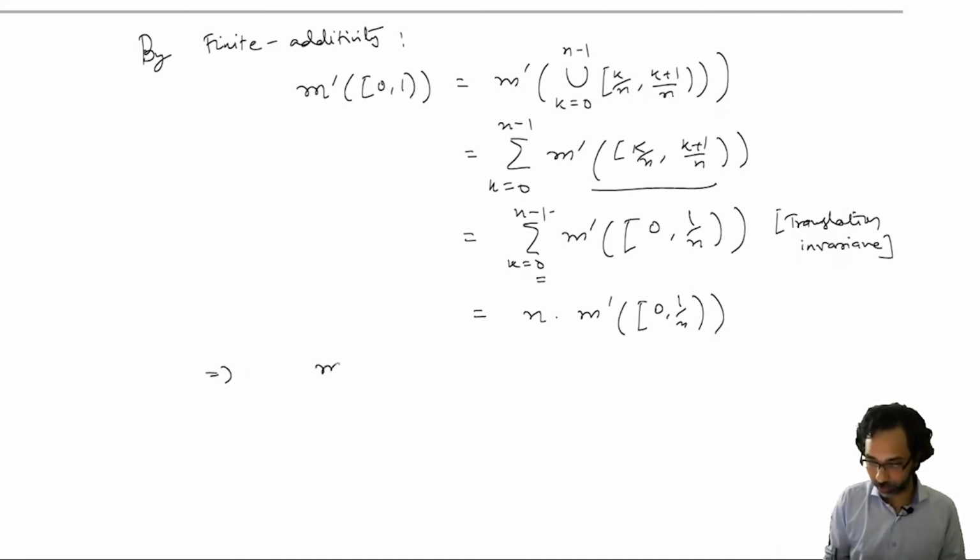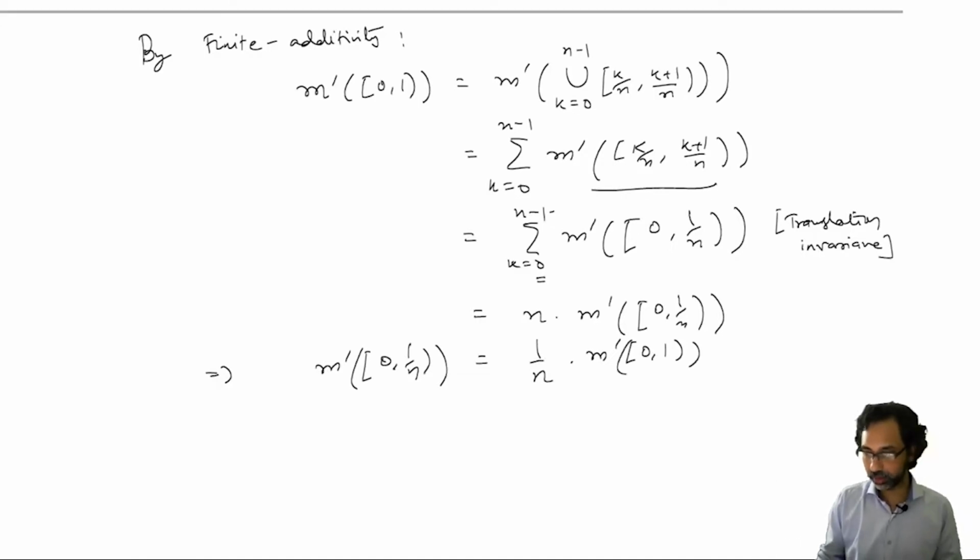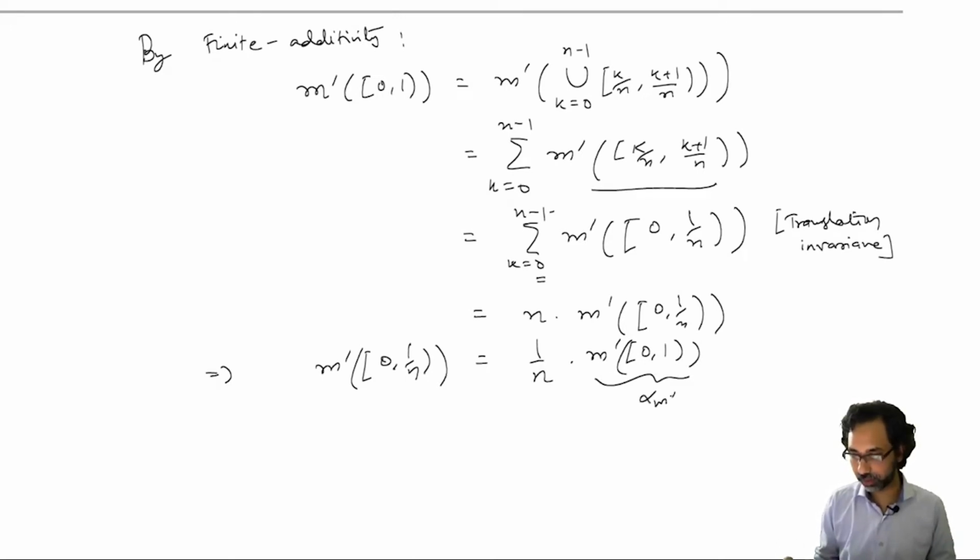Therefore we get m prime of [0, 1/n) is equal to 1 over n times m prime of [0, 1). Now this was our alpha m prime. For the case d equal to 1, this is our alpha m prime, and this is nothing but m of the set [0, 1/n).